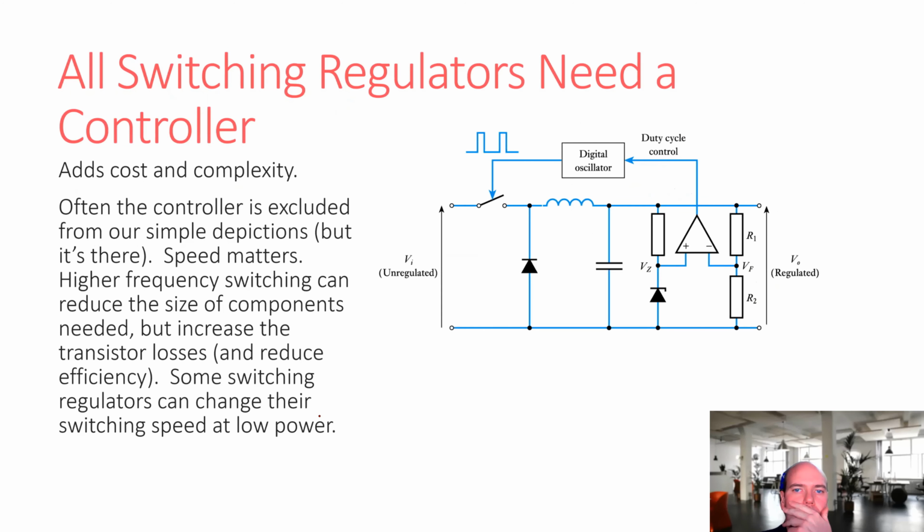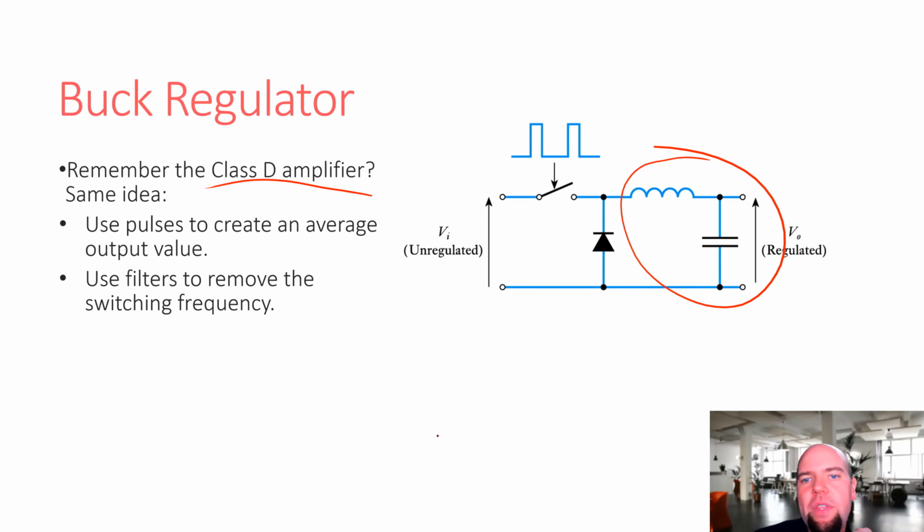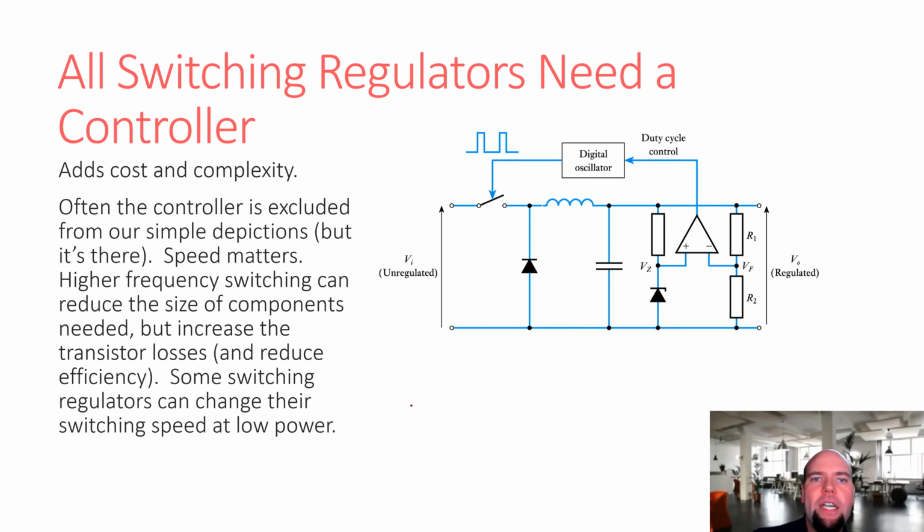Now, when we show these simple little graphical designs, we just say there's a switch, and it's making a pulse train, and that's all. But there always has to be a controller for that. All switching regulators ultimately have some sort of controller that is actively changing this duty cycle, this pulse width, in order to maintain a constant output voltage.